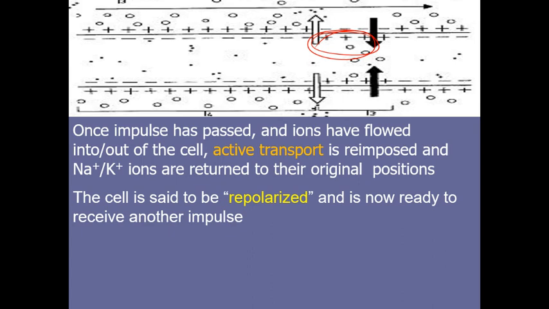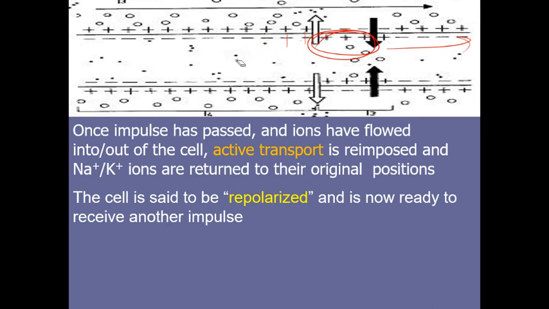So we have to force that impulse to continue all the way down the axon until it gets to the end. Otherwise, if I just open these channels and I've got all of this positive, positive, positive, it kind of just stalls out and it doesn't go any further.